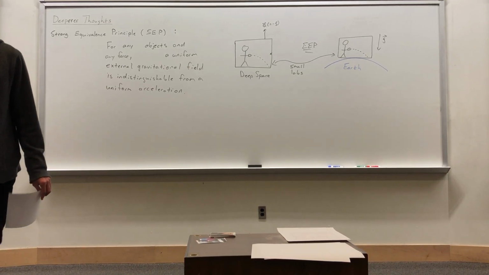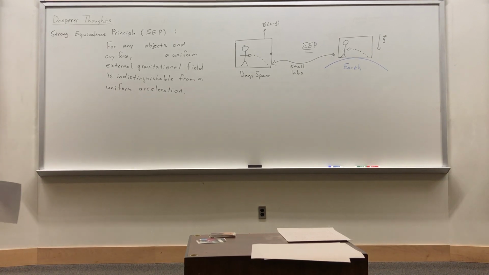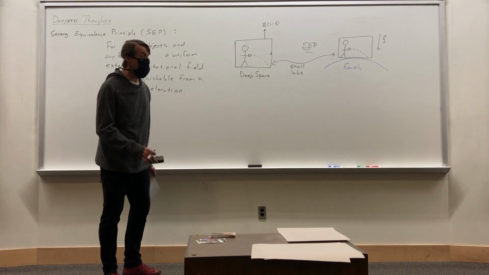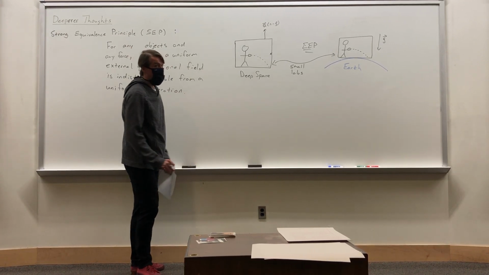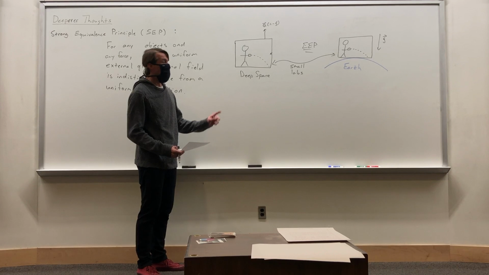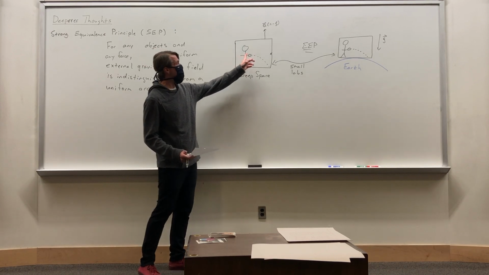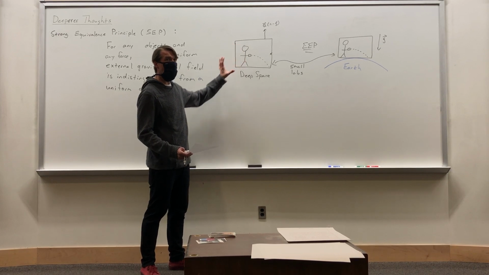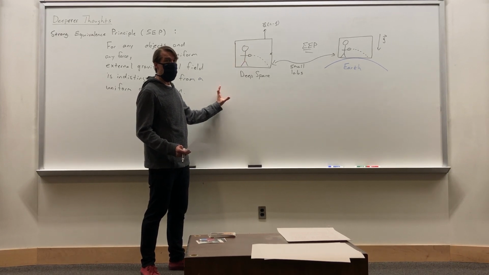Yes? The curve of the light we're seeing in those pictures, are those from a reference frame in the lab or outside of the lab? Or does it matter? Oh, that's a really good question. Repeat the question. The question is, these curves that we see, is this based on what the person in the lab is seeing or what an external observer is seeing?